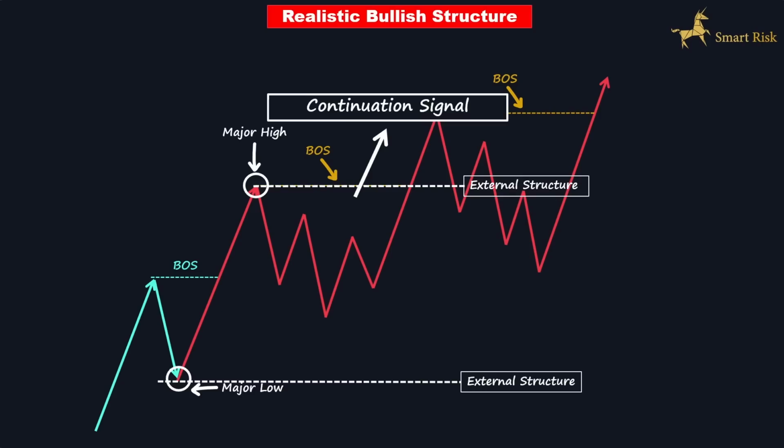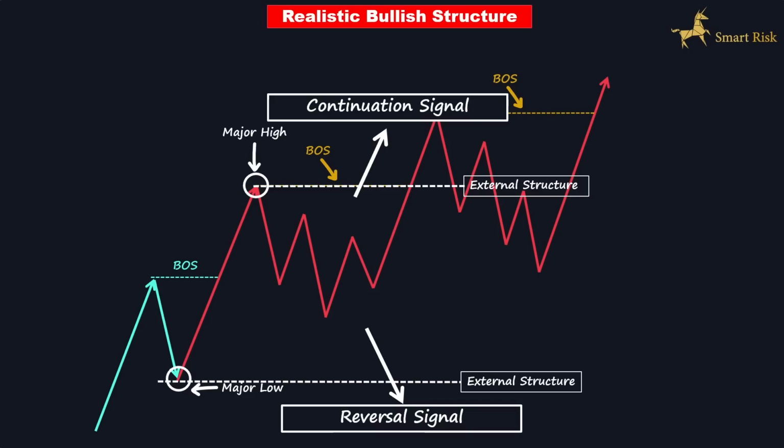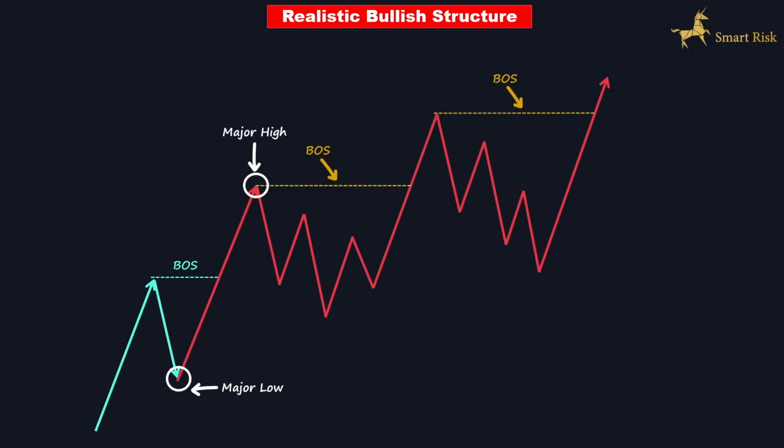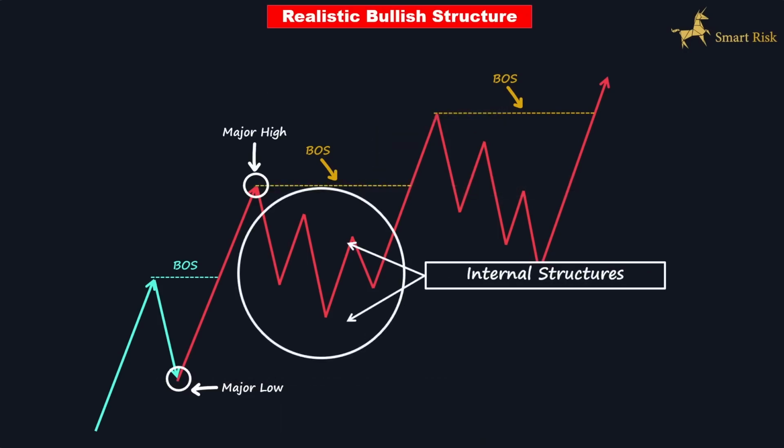However, if the price falls below the major low, we should consider it as a trend reversal signal. The specific internal price action within the range of external structures doesn't matter, as long as the price remains above the most recent major low. As long as this condition is met, we consider the market to be in a bullish state.